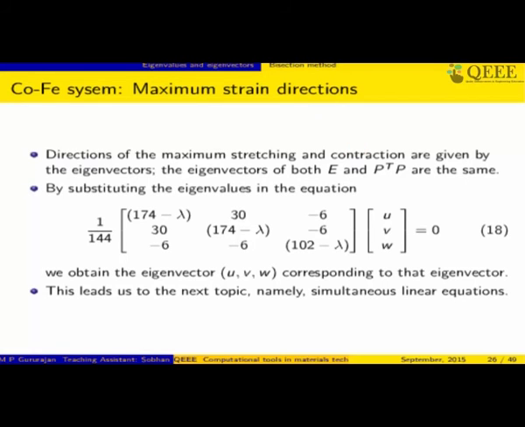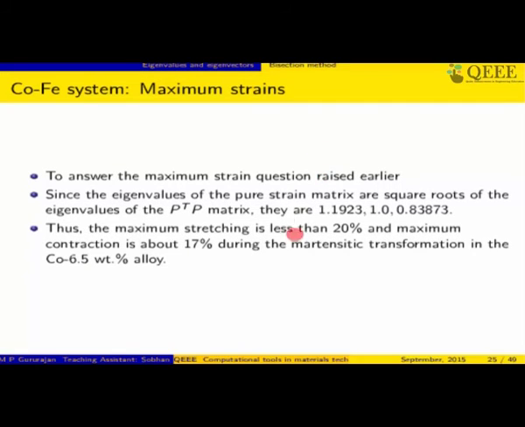By the way, how did I say that maximum stretching is less than 20% and maximum contraction is about 17%? I said that by looking at these numbers. 1 means that it is the same. 1.19 means 1 has become 1.19, so a 0.19 increase in 1.